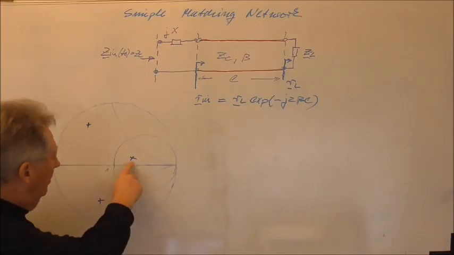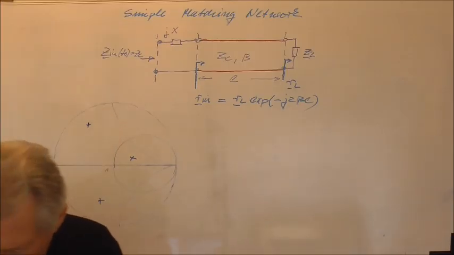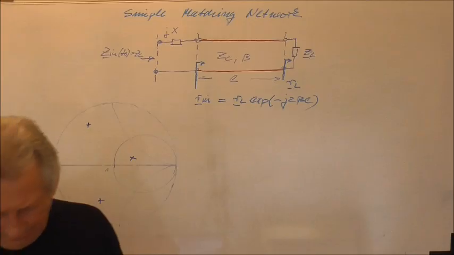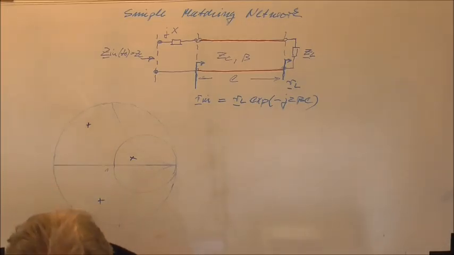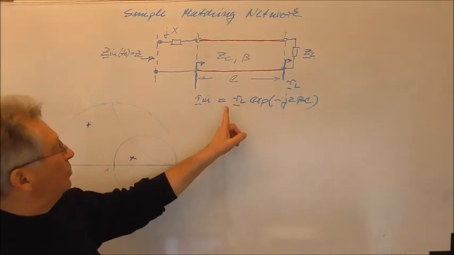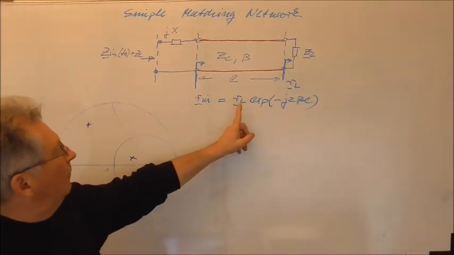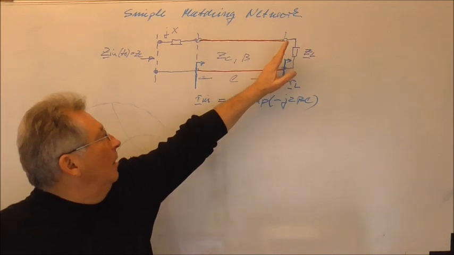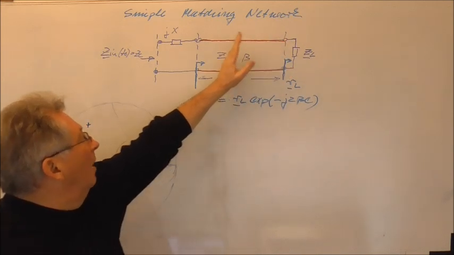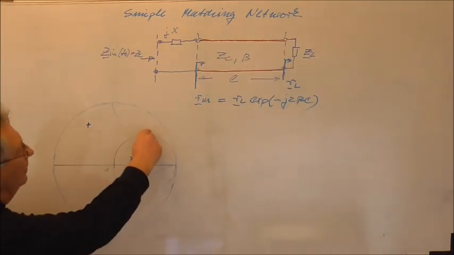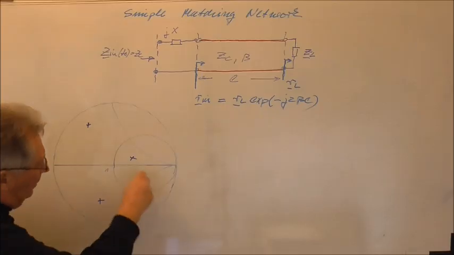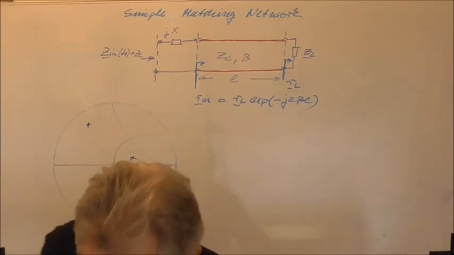Who remembers? It turns clockwise. It will turn our reflection coefficient in clockwise direction. That means with the help of the transmission line, I can walk in clockwise direction in the Smith chart.